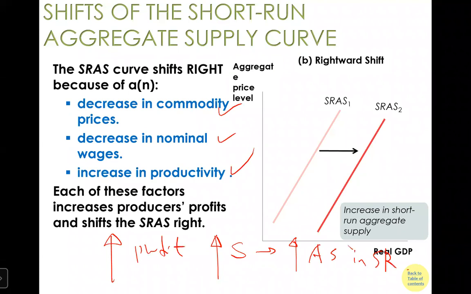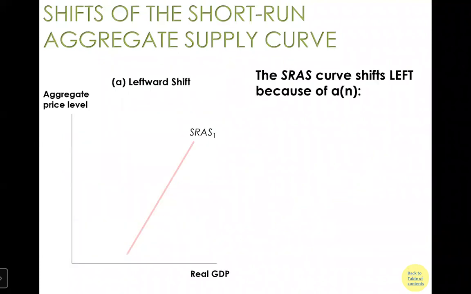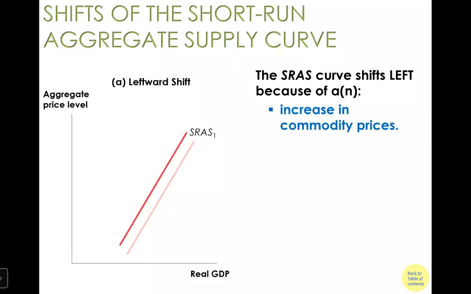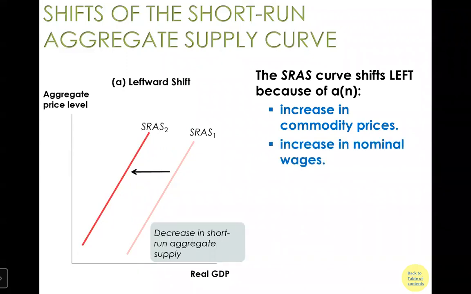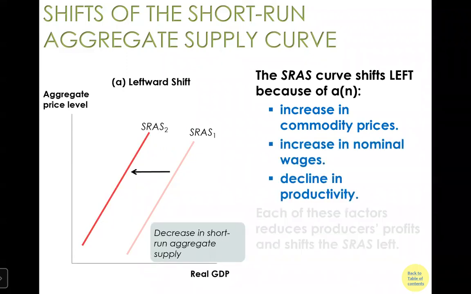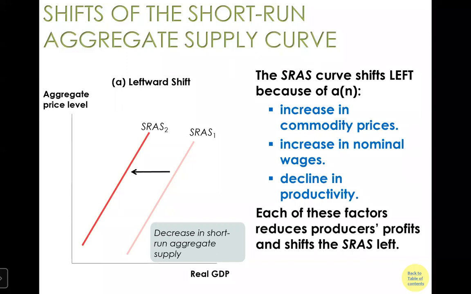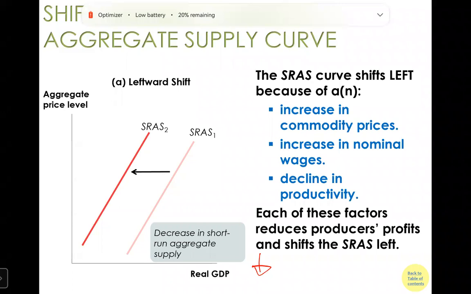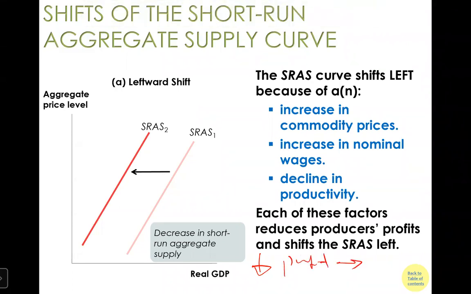On the other hand, this is a leftward shift: an increase in commodity price, or an increase in nominal wage, or finally a decline in productivity. That is going to reduce profitability and then reduce aggregate supply.